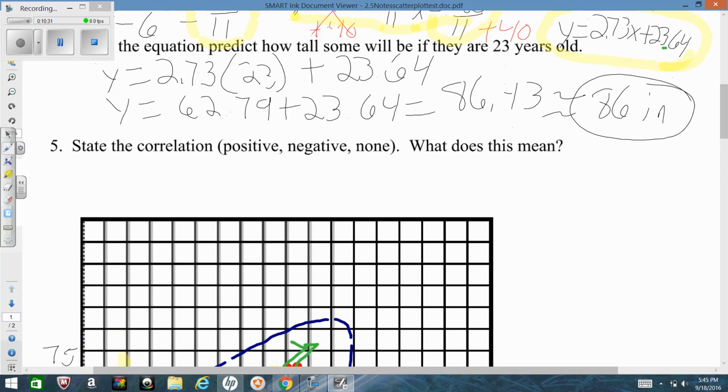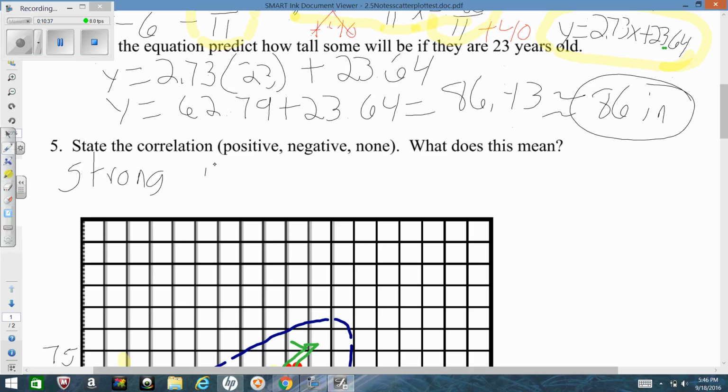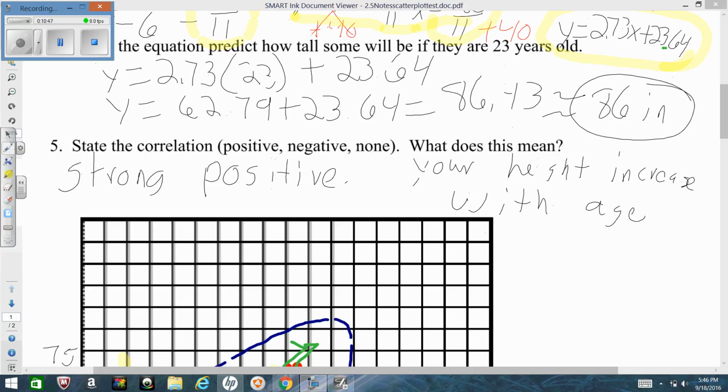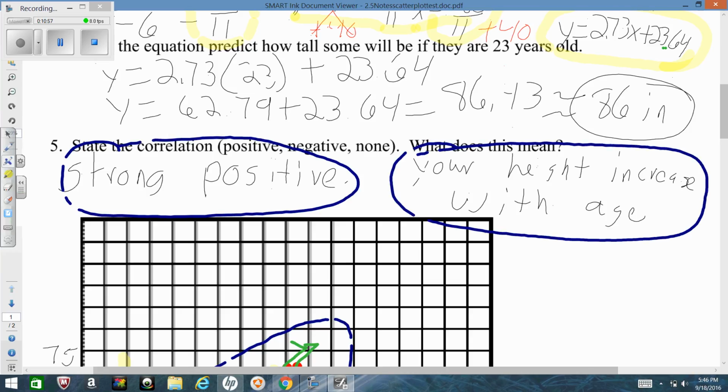So I would call this strong because the data points are close together, and positive because they are going up. And what it means, so again we said a strong positive slope. What does this mean? Your height increases with age.